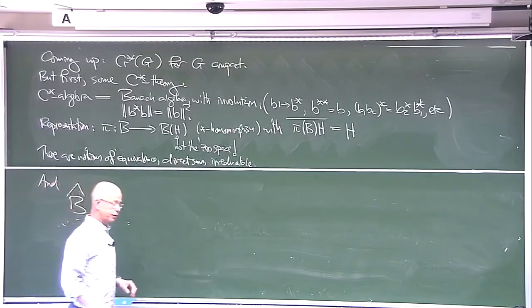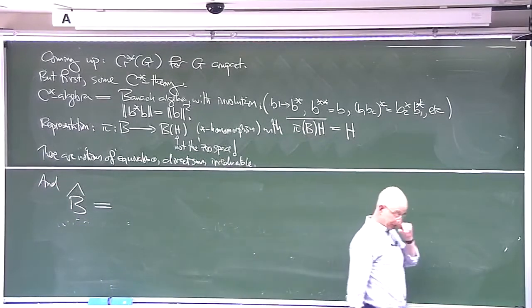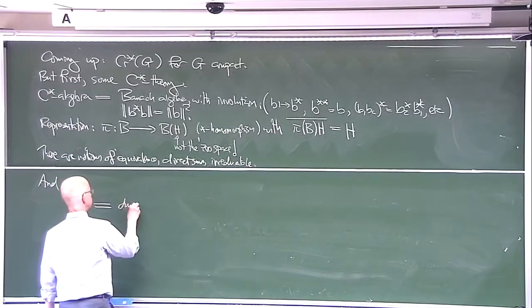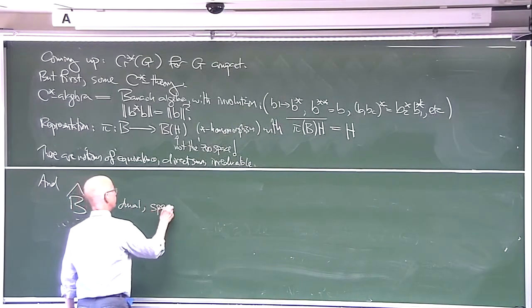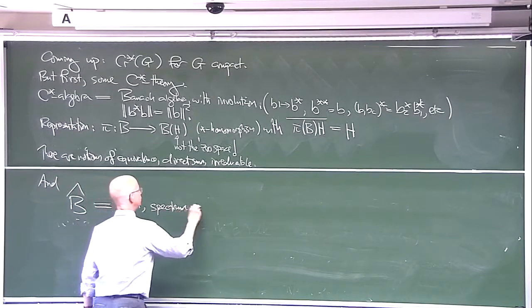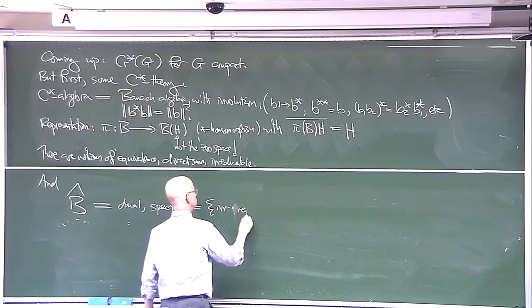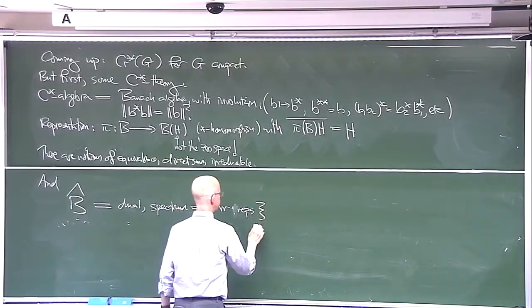Each time I have a C-star algebra, I can build a set, which is just the dual or the spectrum of the C-star algebra. And it's just the irreducible representations of the object.